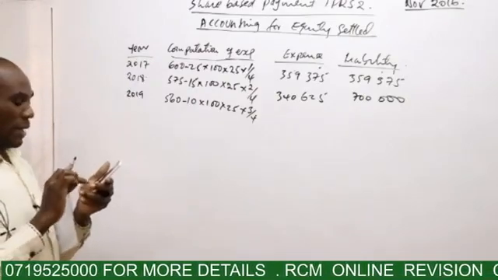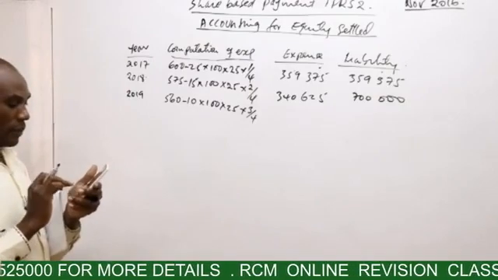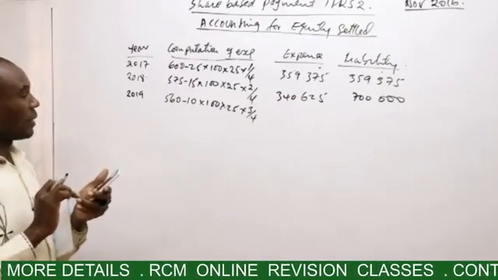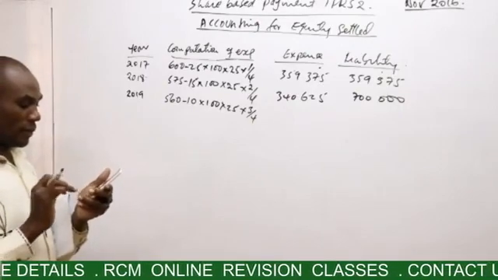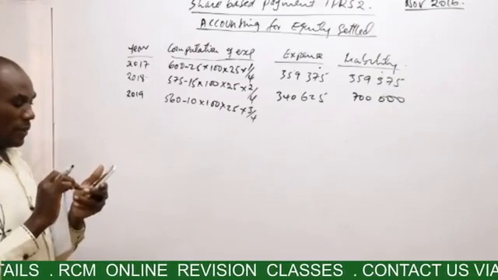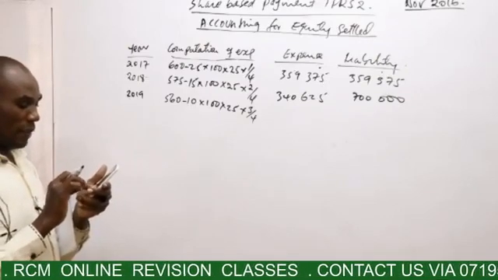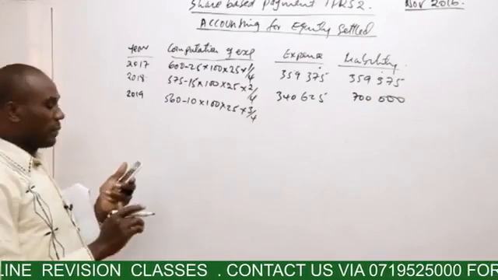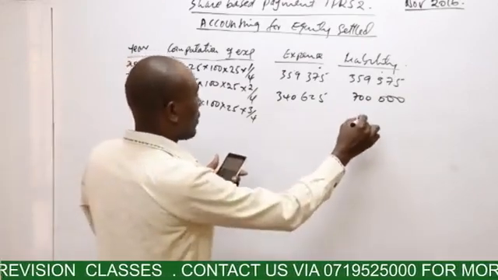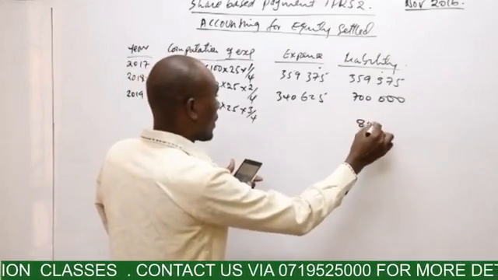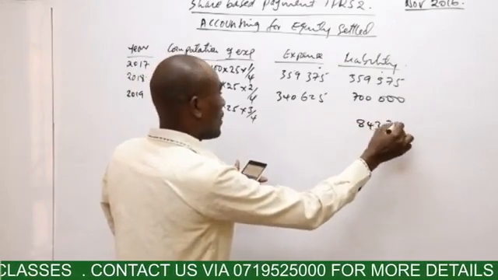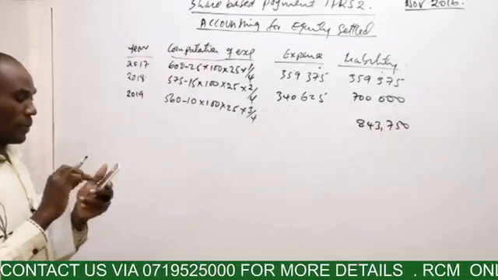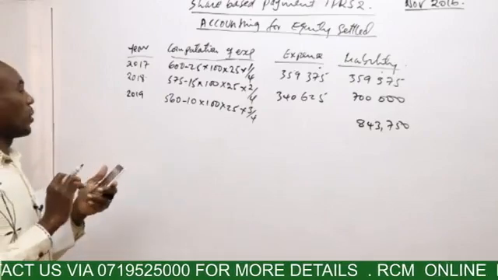Therefore, we have 450 times 100 times 25 times 3 divided by 4. I'm getting something like 843,750. I don't know if I'm correct. If I'm not correct, you can correct me. I know you have good figures.